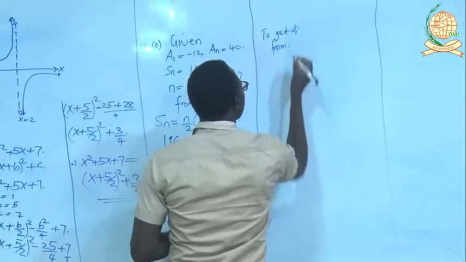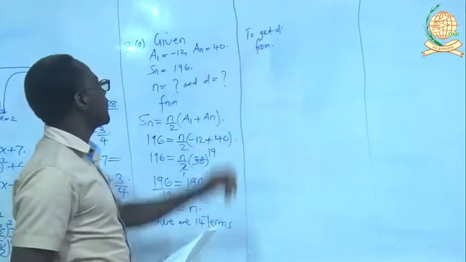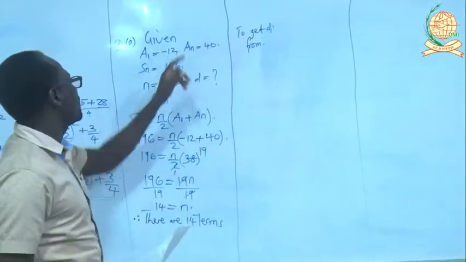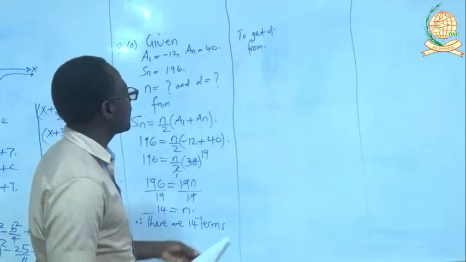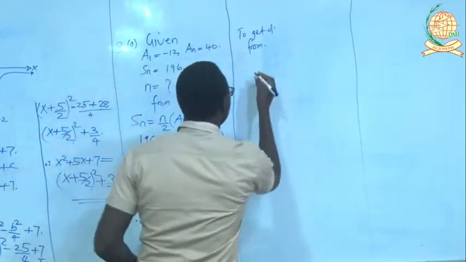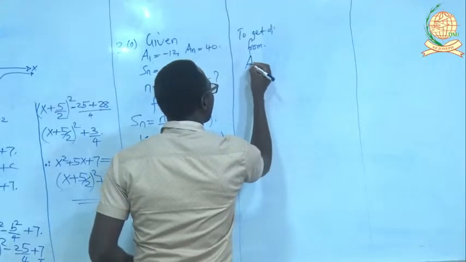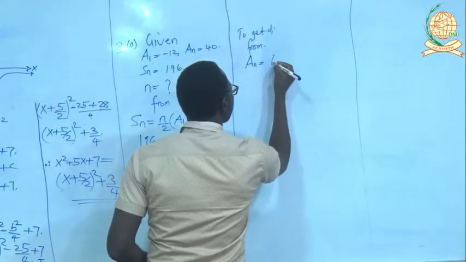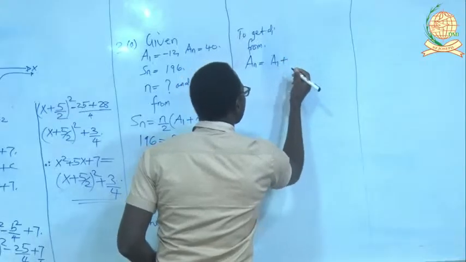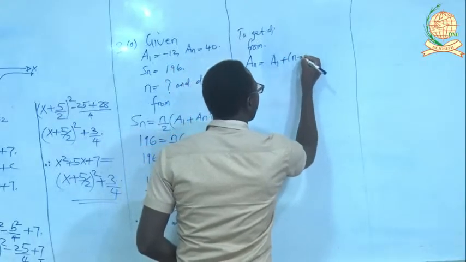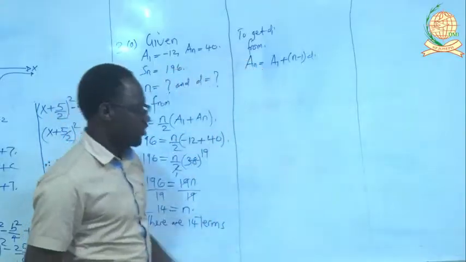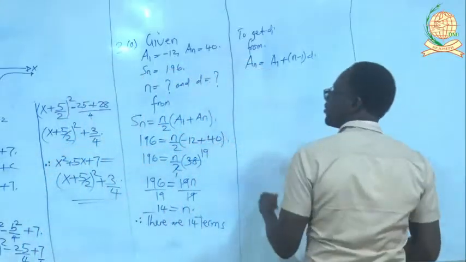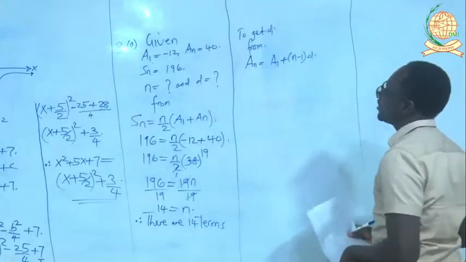Since an is given as 40, a1 is negative 12, and n is 14, to get the common difference we use this formula. Remember, an is given as a1 plus, in bracket, n minus 1, times d. Now we'll get the value of d.